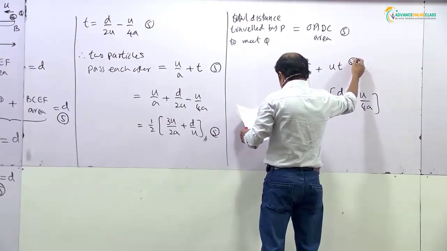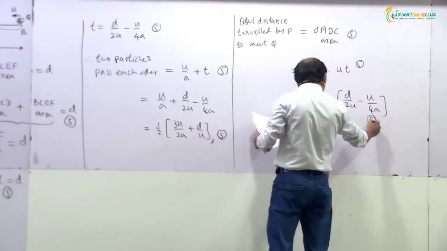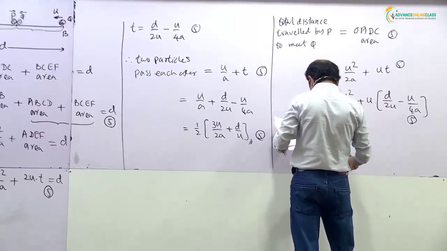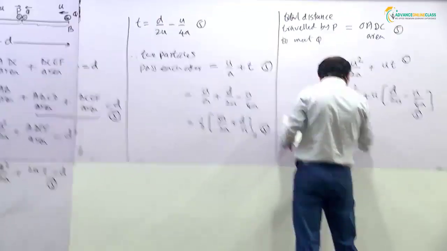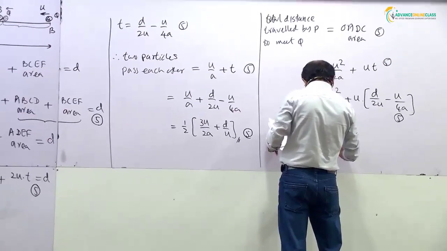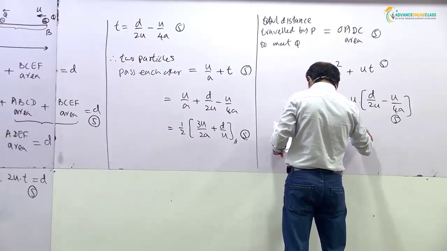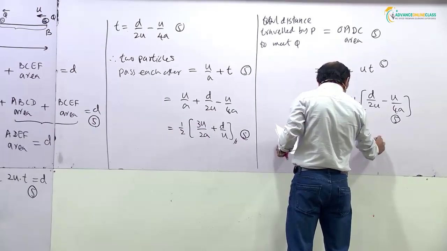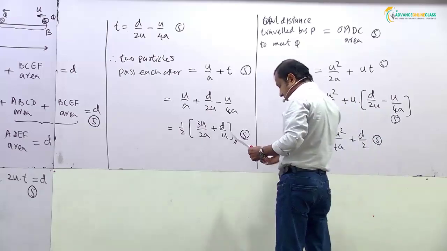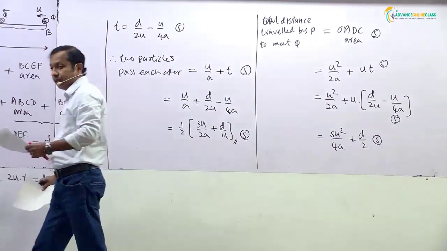For this 5 marks come in, substitution for t, and simplify this, you get the last answer: 5u squared over 4a plus d by 2. For this, another 5 marks.